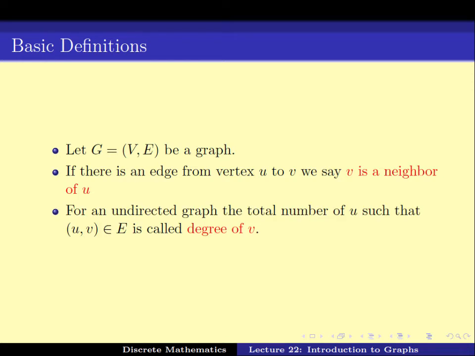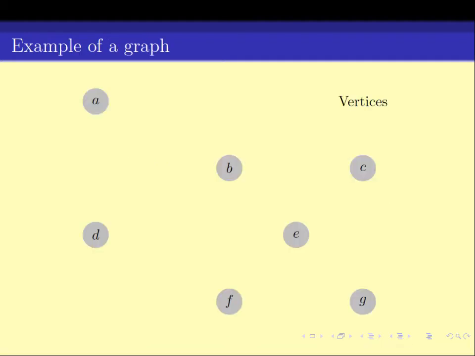And for any undirected graph, the total number of pairs UV that are there is known as the degree of V. Or this is the number of vertices that have an edge to V. So as I told you, we usually represent this graph as blobs. Like this, A, B, C, D, E, F, G are vertices in a graph.